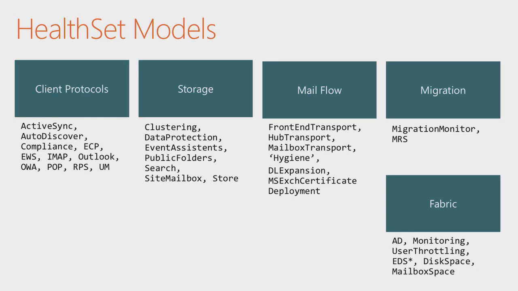The other two, I'm not going to drill into today. In the future, we'll have more talks on this and more documentation. They have a different model: migration, and what I'm calling the fabric bucket. This is a bunch of things that really are infrastructure. The idea is that if you see your protocol, storage, or Mailflow health set broken, something broken in the fabric bucket could affect one of those three.